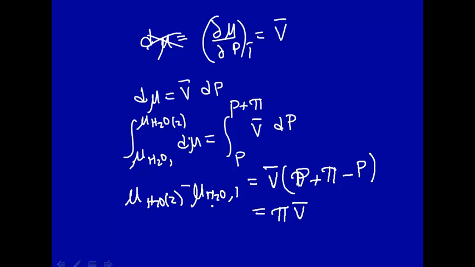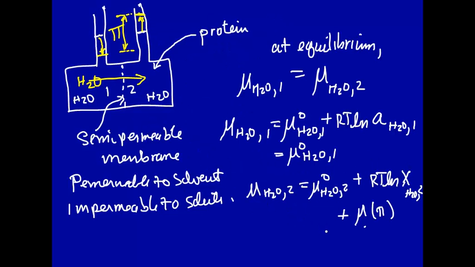So that's what the extra stuff is for the hydrostatic pressure over here. So this should be a standard state. So what we end up with is that RT times the natural log of the mole fraction of the solvent is equal to minus pi V bar.